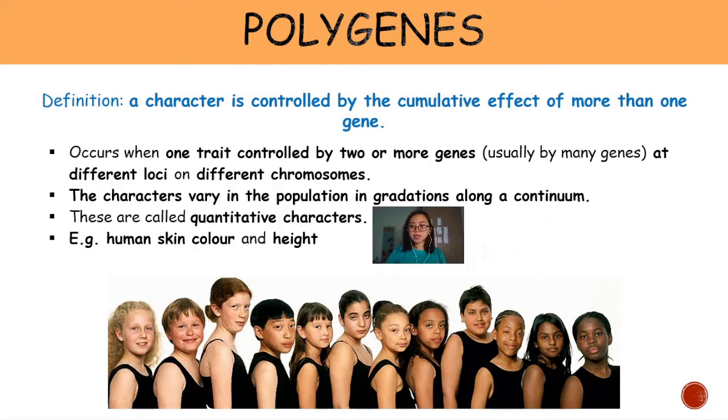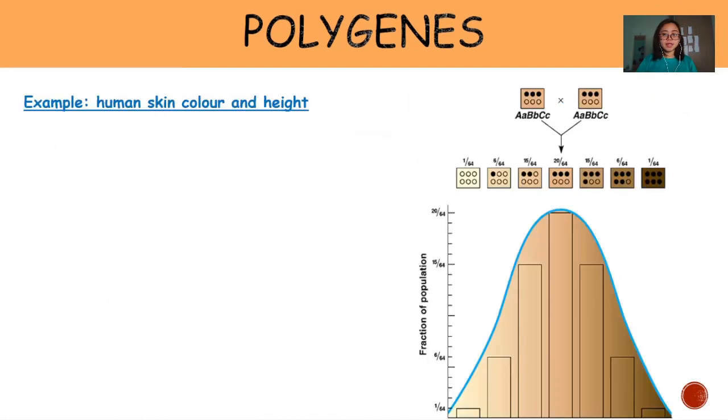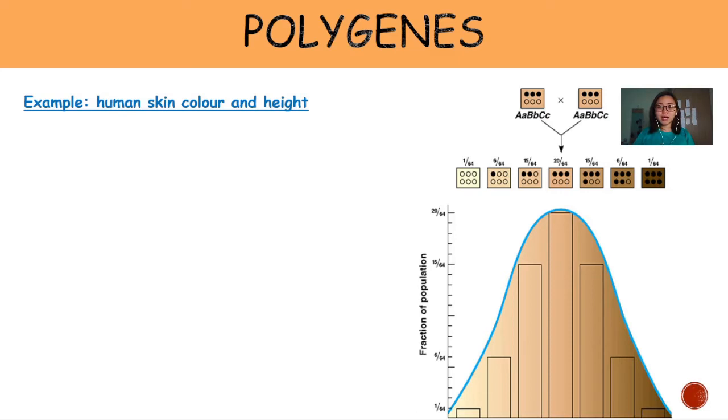Bila kita sukat, when we measure, that is quantitative characters. Quantitative boleh disukat, boleh diukur. Okay. Alright, so this one we don't really have a genetic diagram. Untuk ini kita tidak ada genetic diagram, tapi biasa kita tunjukkan dengan graph di bawah ini. Ataupun soalan akan bagi kamu graph ataupun gambar aja seperti ini yang ada biji-biji.